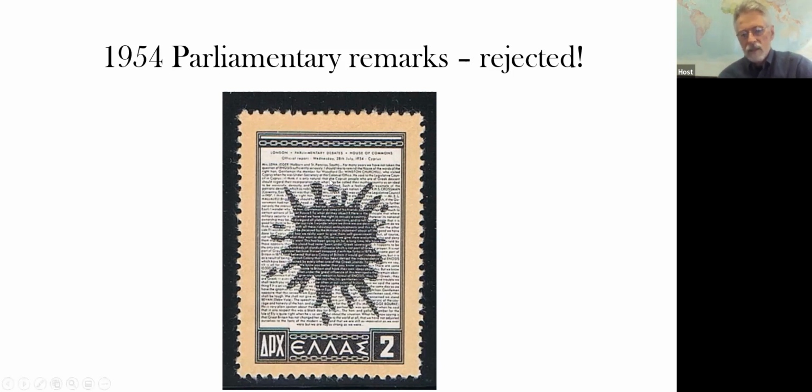The passage of the parliamentary debate is reprinted on this stamp with a big blot over most of it. And I actually read through it. It turns out that it opens with somebody saying that Cyprus should become part of Greece, and Churchill is quoted saying that would be a wonderful thing if the Greeks were to acquire Cyprus.